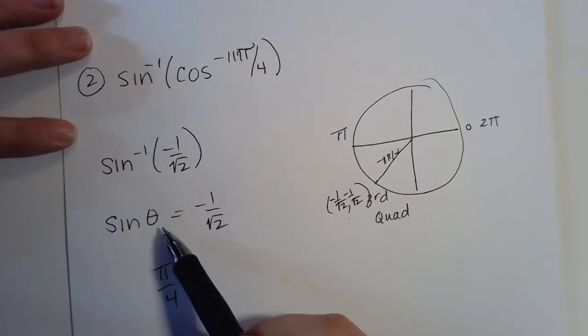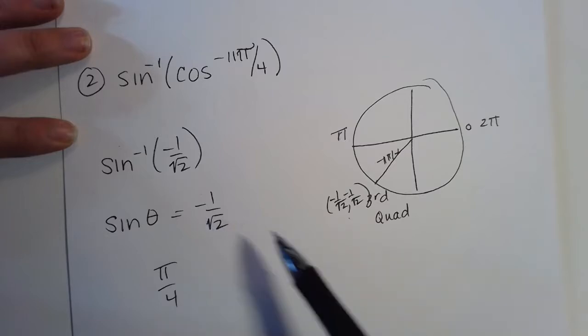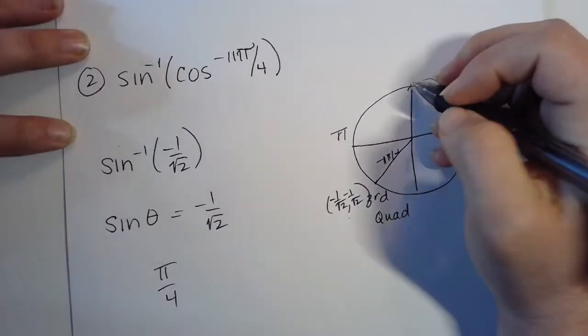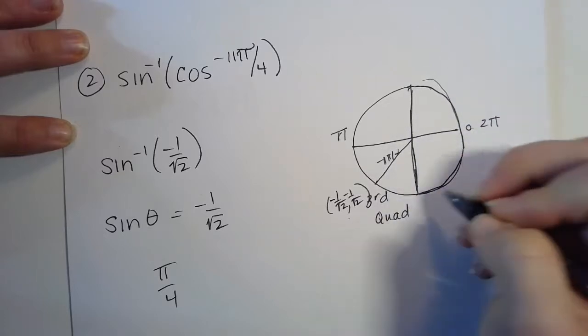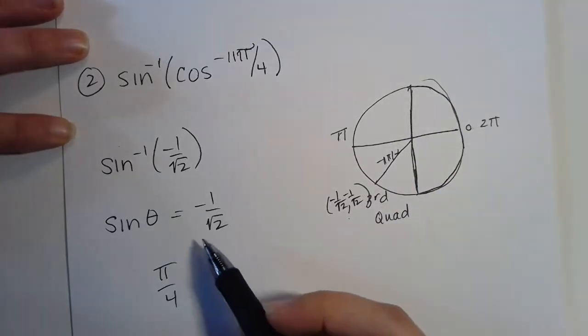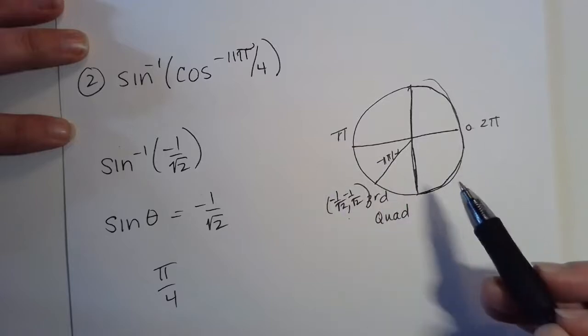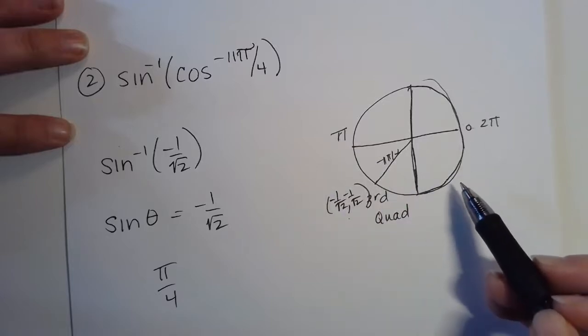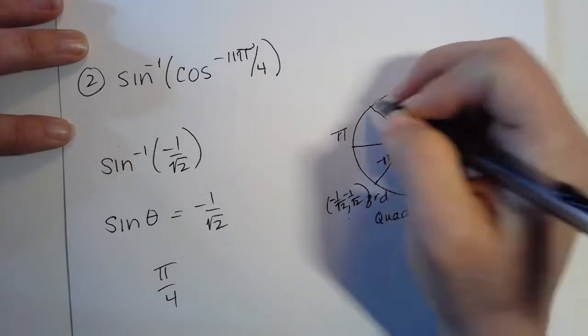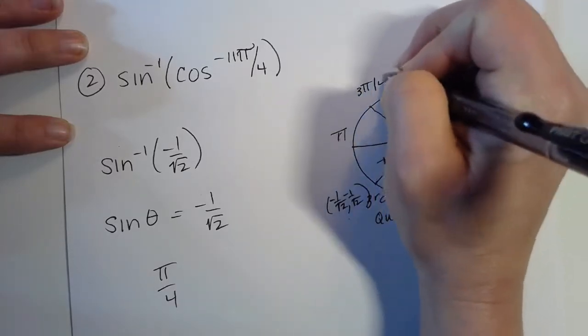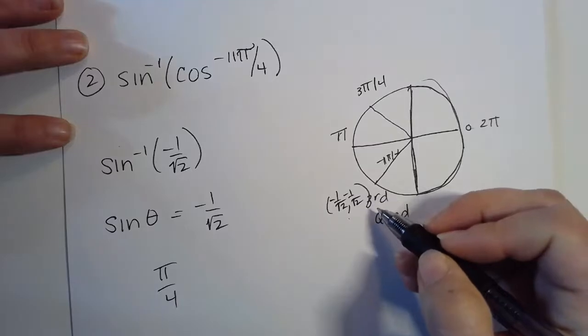Now sine is negative, right? So the domain of arcsine stays over here. Now I know that if I looked at the entire unit circle, my sine would be negative over here, which would be 3 pi over 4. And it would also be negative, let's see.